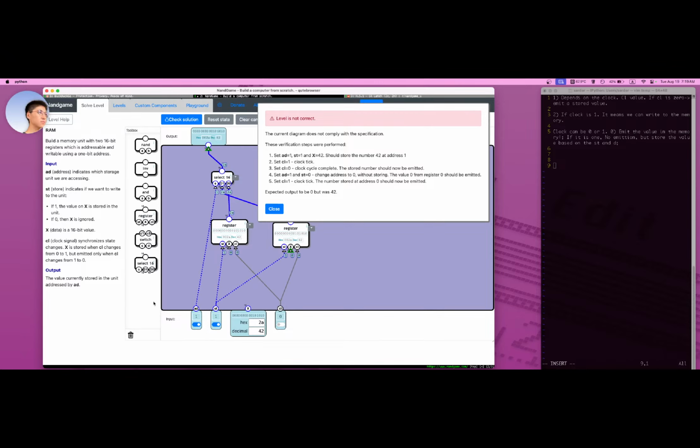What can we use? And select. I can use select. If it is 1, I can use two selects.